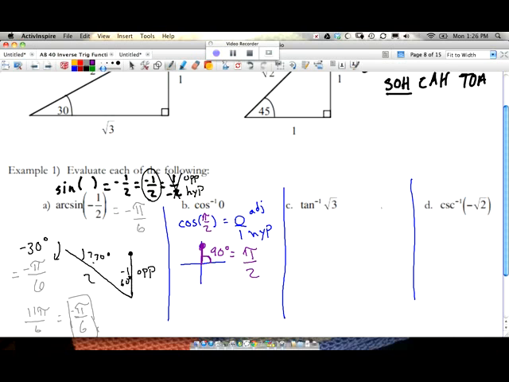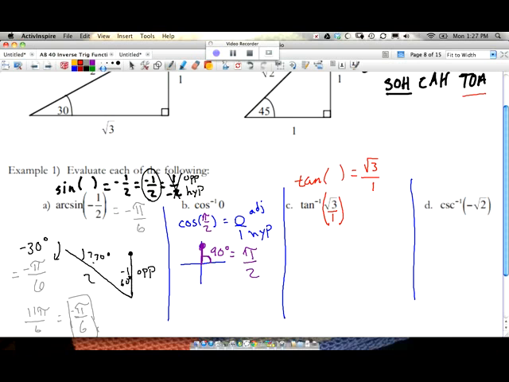Alright, for the next one, and hopefully you guys are starting to catch on to some of these little in-between steps that help us quite a bit. First thing I'm going to do is think of this as √3/1. And then the next question that we're going to ask ourselves is, what group are we looking at? It looks like this time we're looking at tangent. So tangent is going to involve the opposite and adjacent. And the question here is, tangent of what equals √3/1?